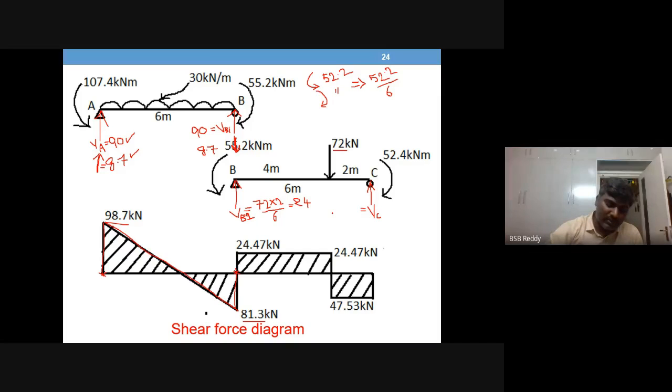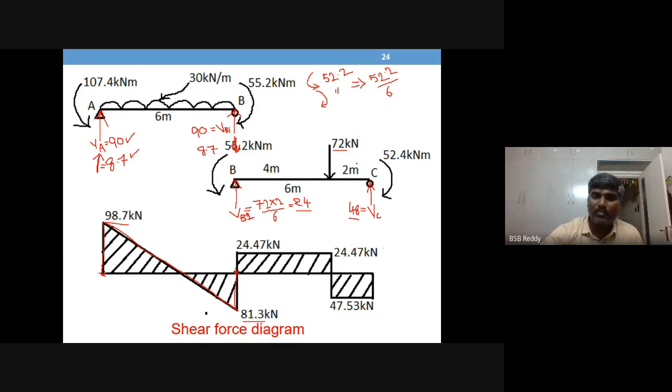So 72 minus 24, how much? 48. Or you can use the same formula, 72 into 4 divided by 6. That also will give you the same. So these are reactions from load 72.